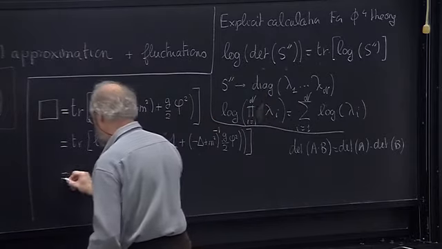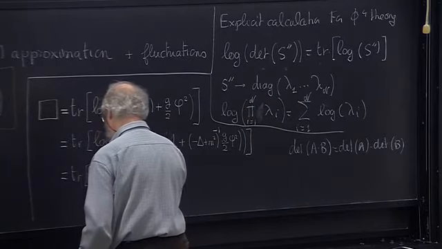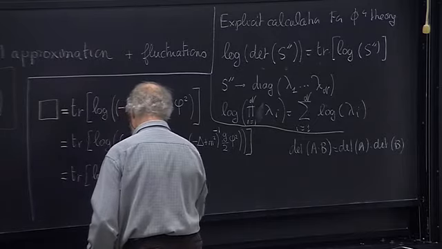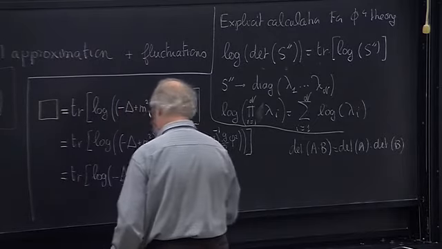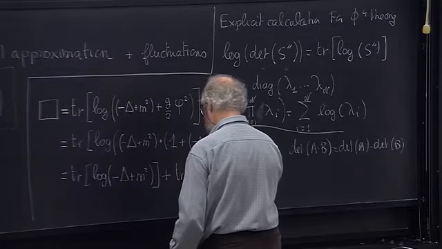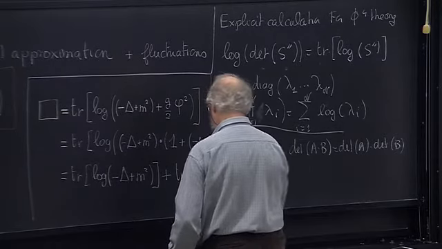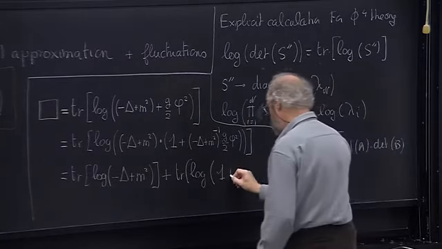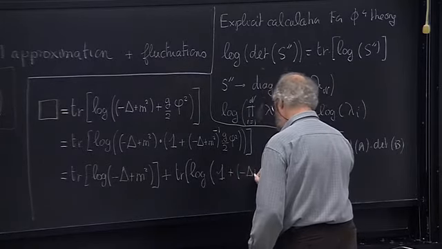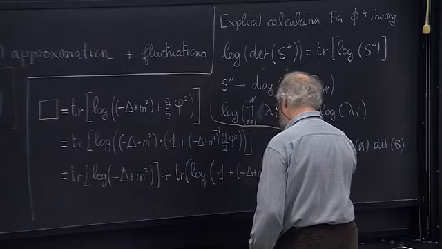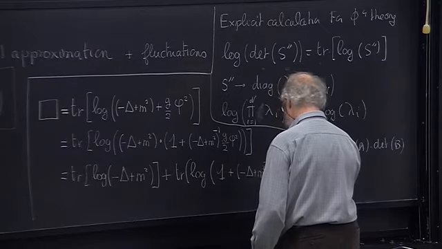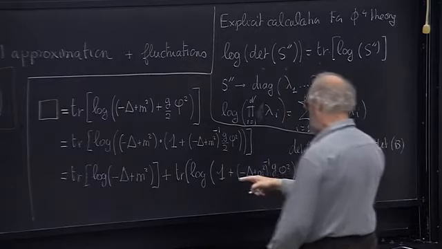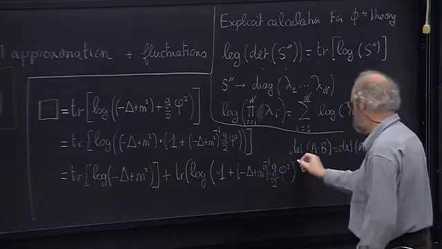So we get the trace of log of minus delta plus m squared plus the trace of log of 1 plus minus delta plus m squared minus 1 times g divided by 2 phi squared.